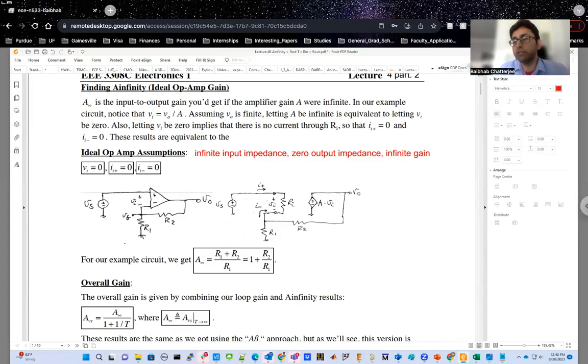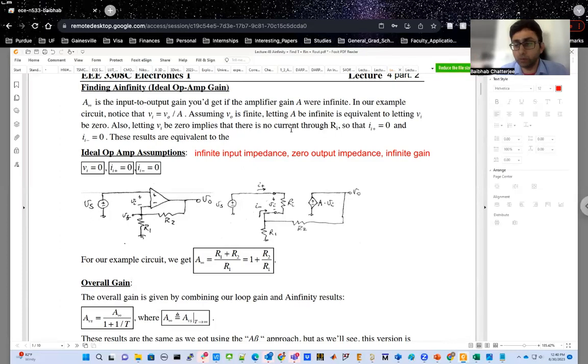But many times your circuits are much more complex, and then finding it from the A beta based approach is also not that easy. So in that case, we will be using something called a loop gain based approach, which is a third approach.